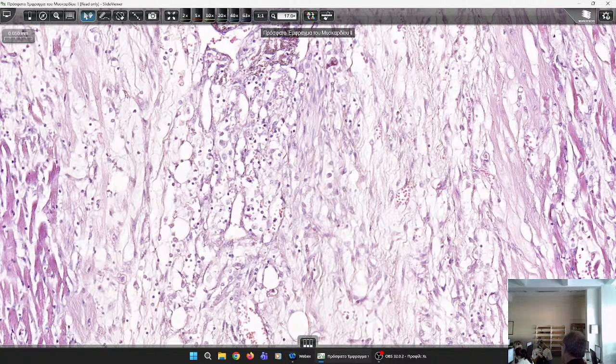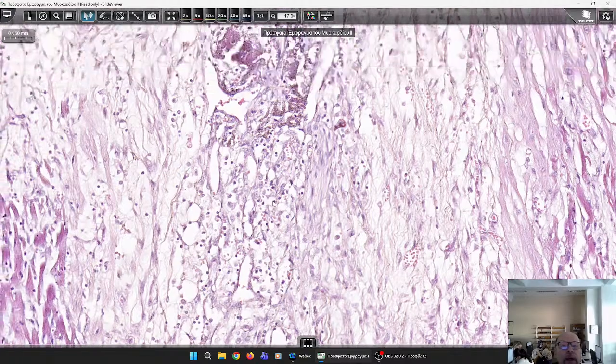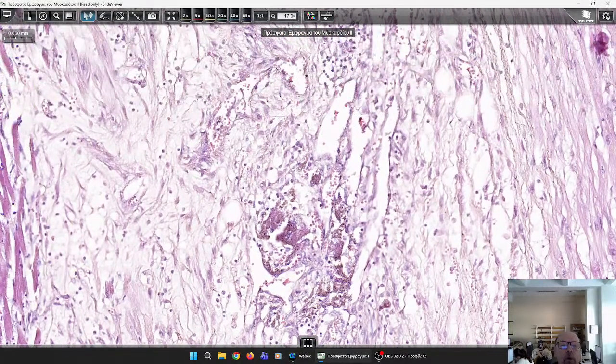And when we see such large areas of scarring within the myocardial tissue, we understand that this is an old infarct from which the patient has survived, and we have the continuity in the wall of the necrotic area by scar tissue, by fibrous tissue. So this is the area of the ancient infarct, the old infarct.